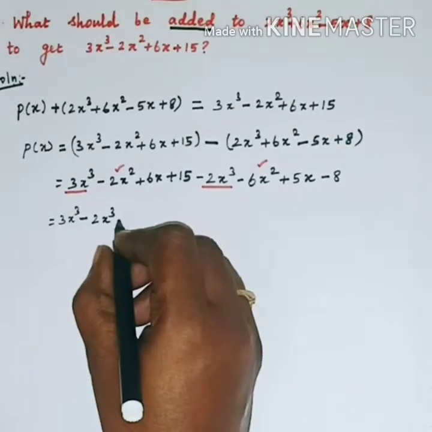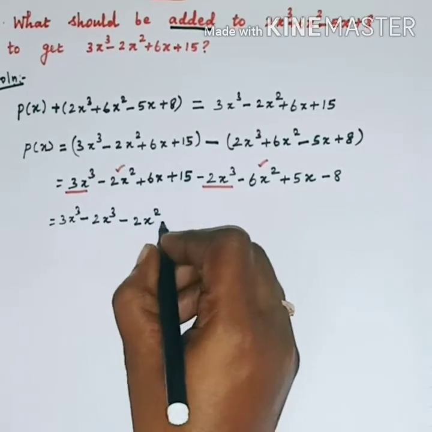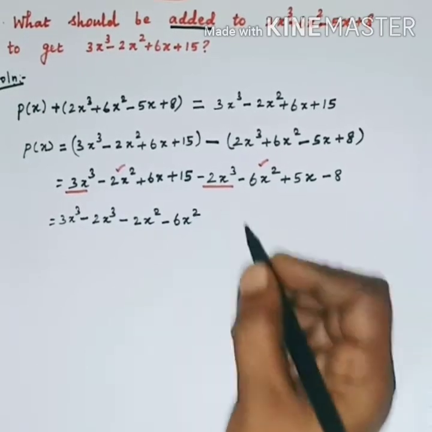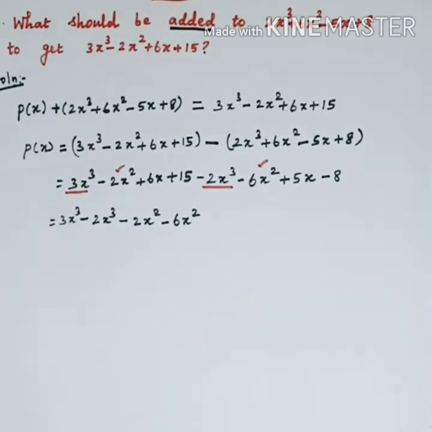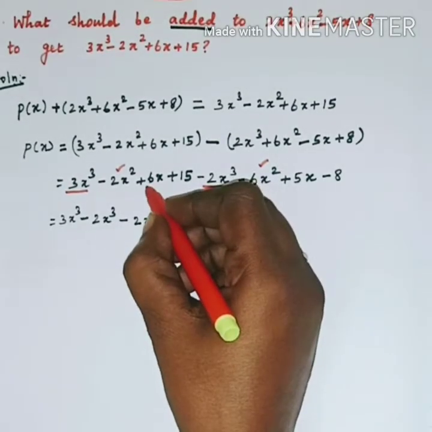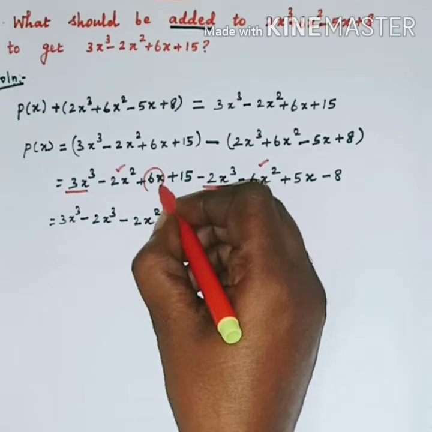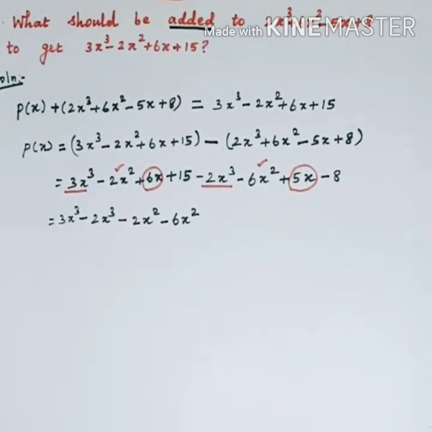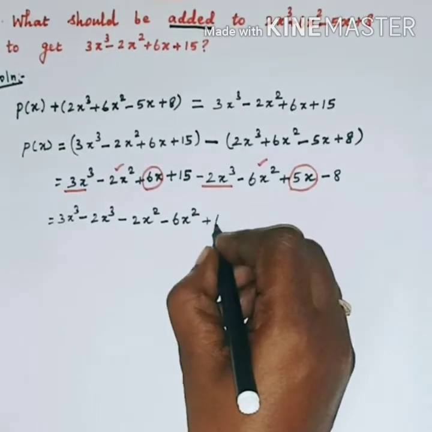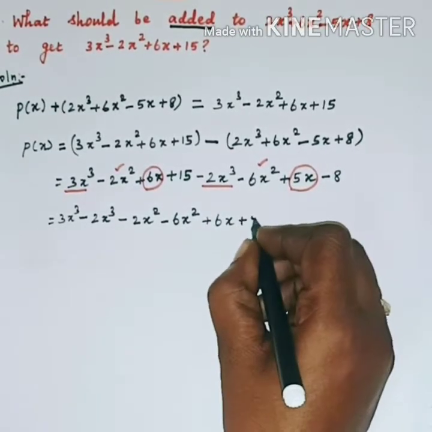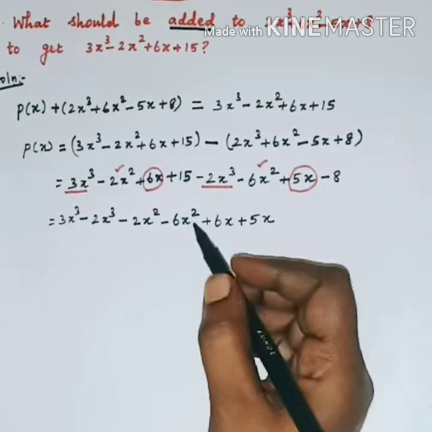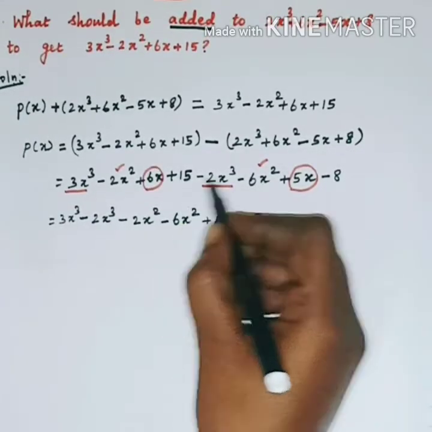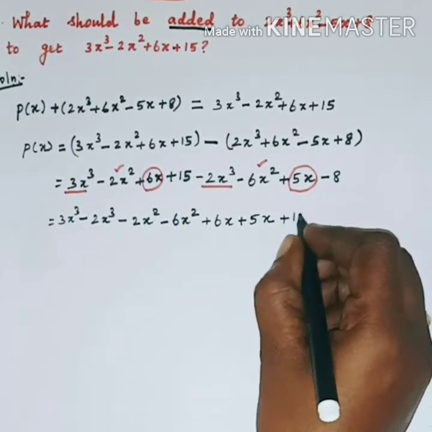Then the x terms: plus 6x and plus 5x. These two terms are like terms. And finally the constant terms are 15 and minus 8.